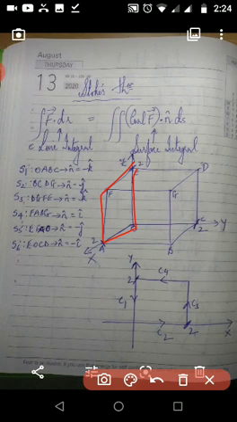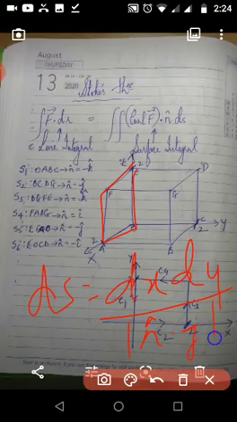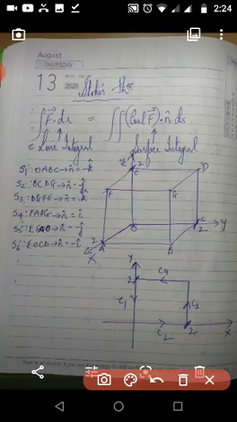So your ds will simply become dx dy upon n hat dot, in this case, minus j hat, and the minus sign will vanish because this is inside the magnitude sign. Alright, so this is how you perform the surface integral, that is the right hand side.